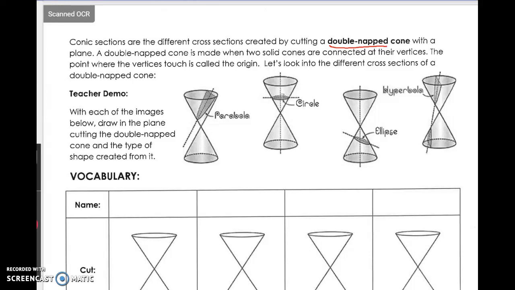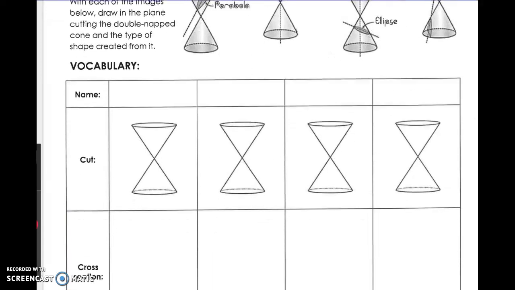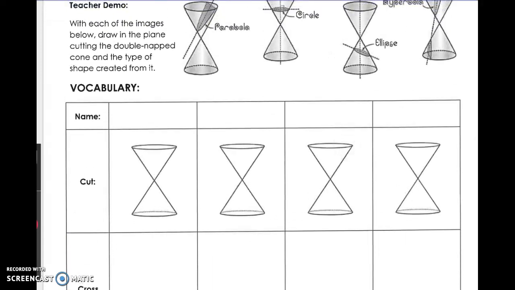We're going to look at the different cross sections that you can get from a double-napped cone, just like you did in the demos. So what we've got here are four different possible shapes. One is called a circle, and this is the easiest one. The way you get a circle is if you took a plane, and here's where my artistic abilities are somewhat limited, and you were to cut it straight on.